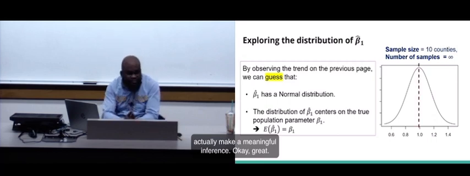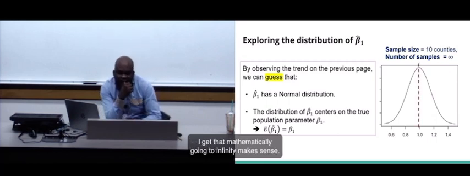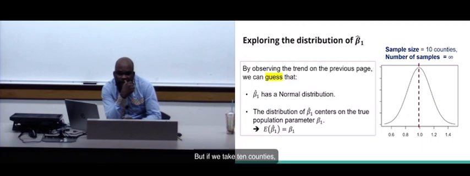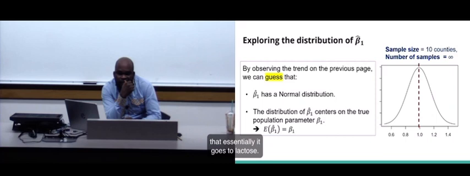Okay, go ahead. I get that mathematically going to infinity makes sense. But let's say we are doing 2000 repetitions. I just looked up that in the USA there are about 3000 counties. If we take 10 counties 2000 times for sampling, that essentially goes to 20,000, right?